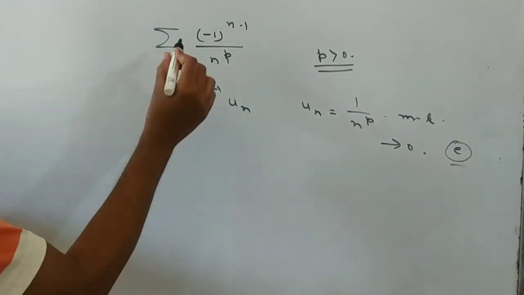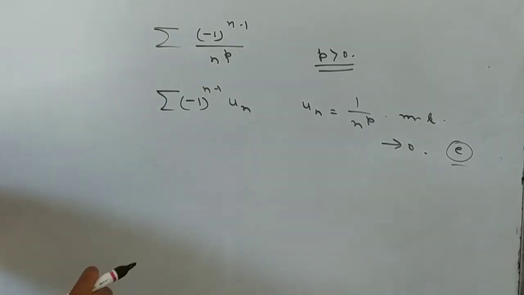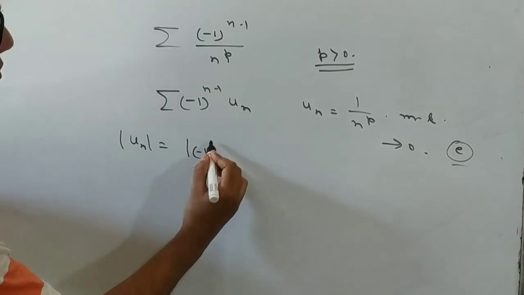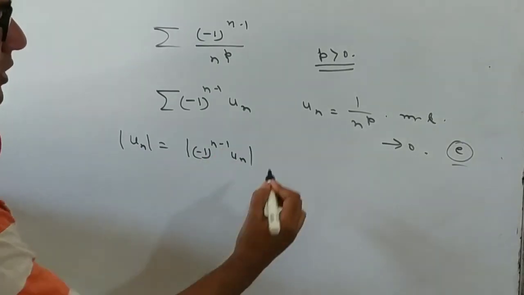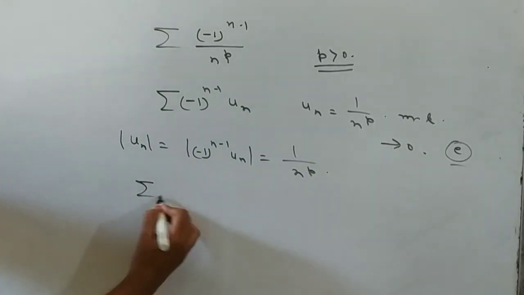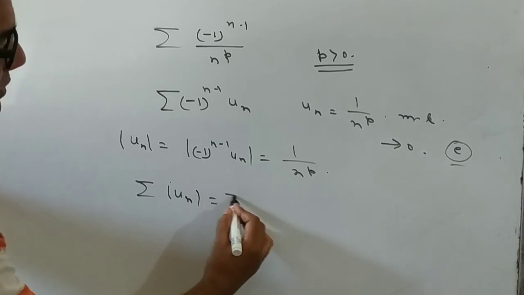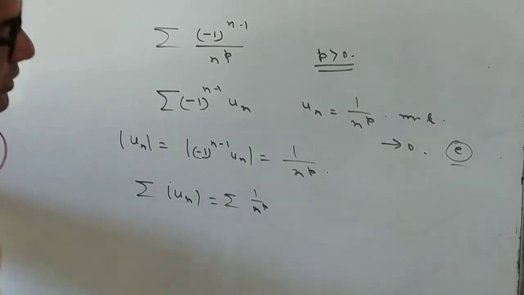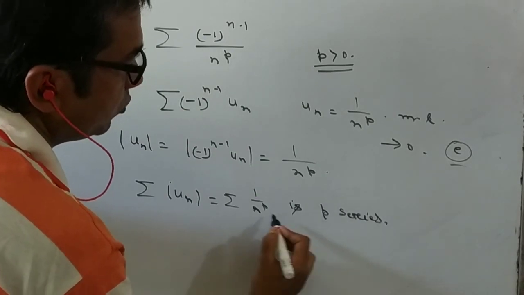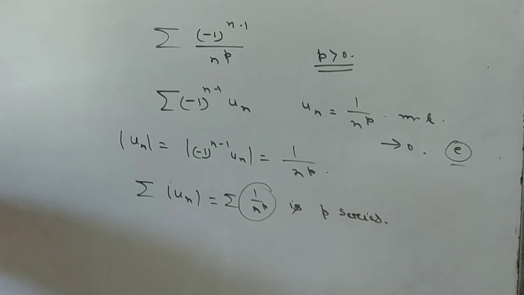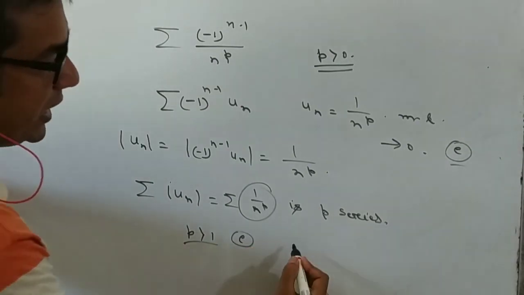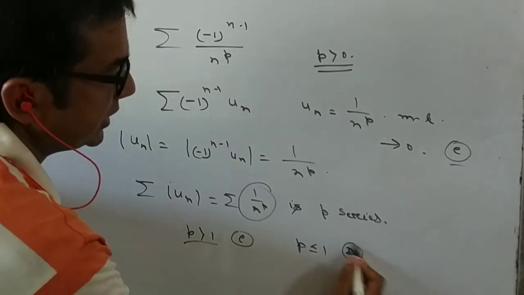But if we consider the absolute series, that is mod un equals mod of minus 1 to the power n minus 1 into un, that is 1 by n to the power p. And summation mod un, that is summation 1 by n to the power p, is a p series, and we know about this series: if p is greater than 1, then it is convergent, and if p is less than or equal to 1, then it is divergent.